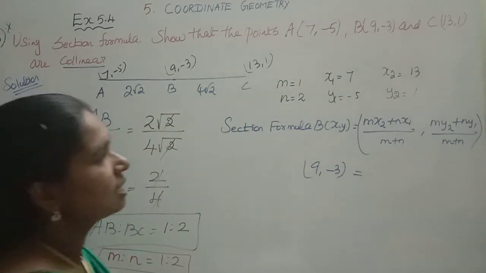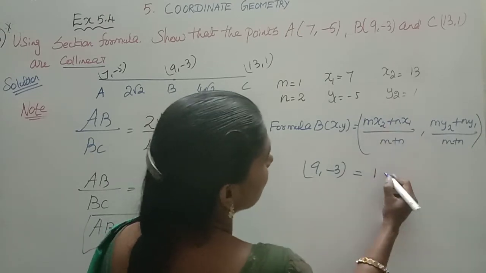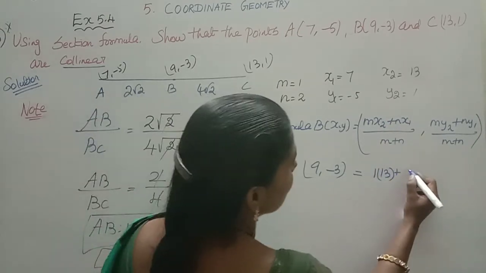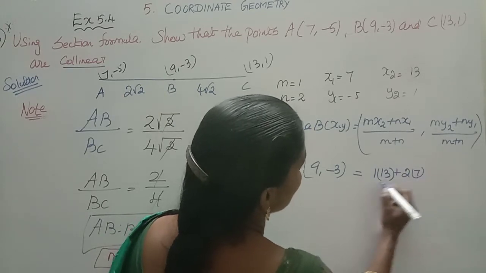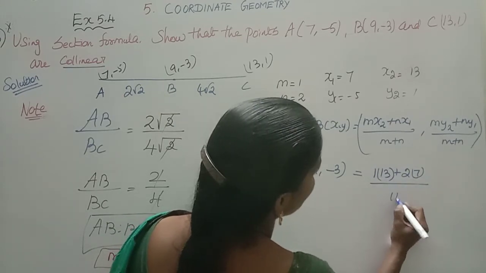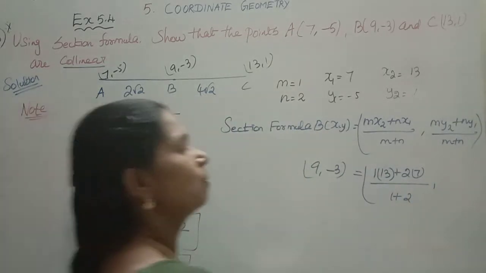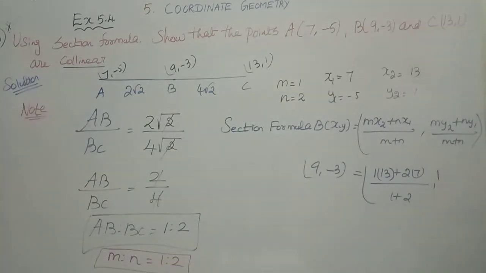M value how much? 1 into x2 13 plus n 2 into x1 7 by m plus n, 1 plus 2, comma m is 1 and y2 value 1 plus n is 2 and y1 equal to minus 5 by m plus n, 1 plus 2.